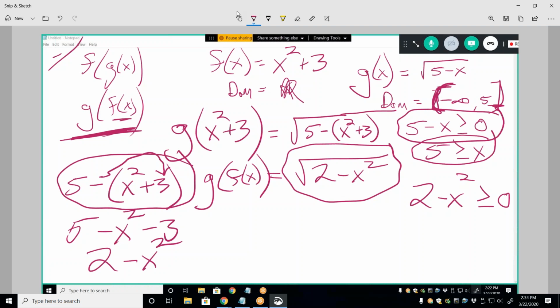You're going to end up with 2 is greater than or equal to x squared. And whenever you're taking the square root of both sides in an inequality, well, if we just take the square root of both sides for starters, then x has to be less than the square root of 2.